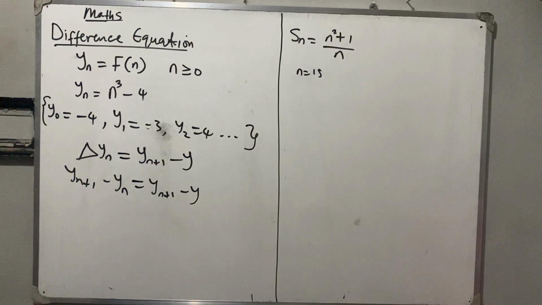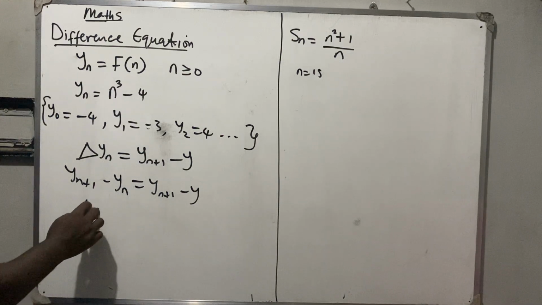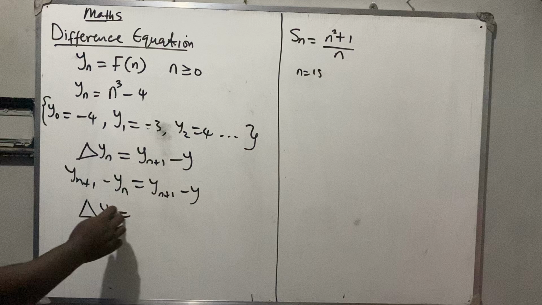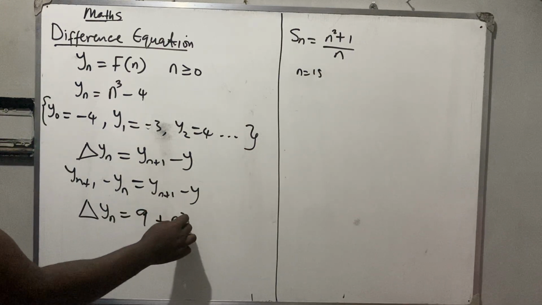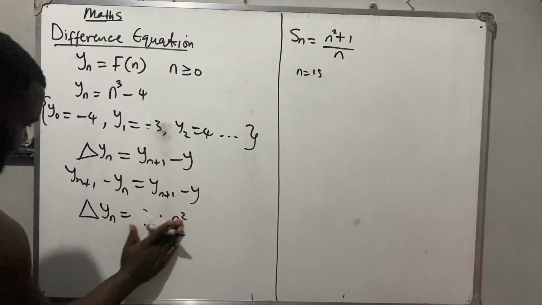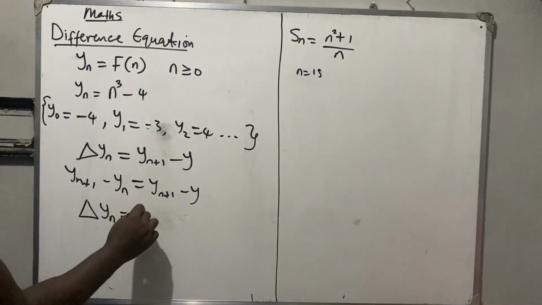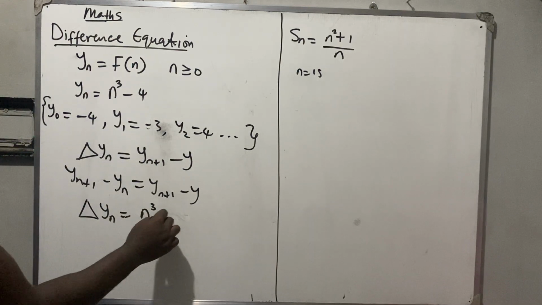A difference equation. So an example of that is that we can have the change in yn is equal to maybe 9 plus n squared, or even the one we have here: the change in yn is equal to n cubed minus 4, something like this.